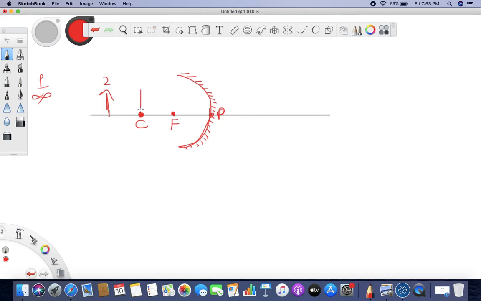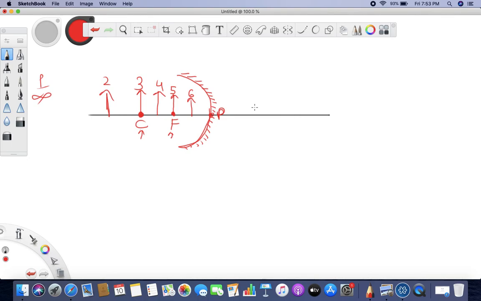Third, you put your object on C, on the center of curvature. Fourth case, you put your object between C and F, between the center of curvature and the focal point. Fifth case, you put your object on F. And the last case, when you put your object between P and F. So likewise you can put your object at 6 different places.